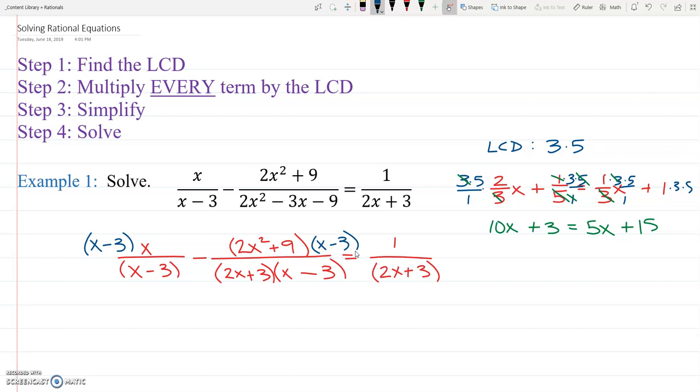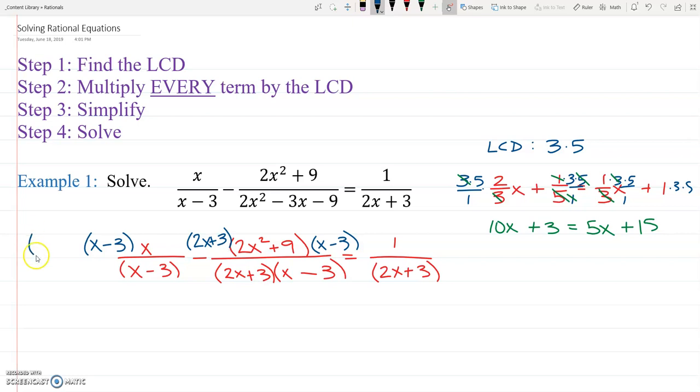What else do I need to cancel out in that middle one? The 2x plus 3. So I'm also going to multiply by 2x plus 3. So now my 2x plus 3 will cancel, my x minus 3 will cancel, so now all of those denominators are going to cancel. Hold up. Let me go back to the beginning. In the first one, I only multiplied by x minus 3, correct? Yeah. But I've got to multiply by the same thing every single time.